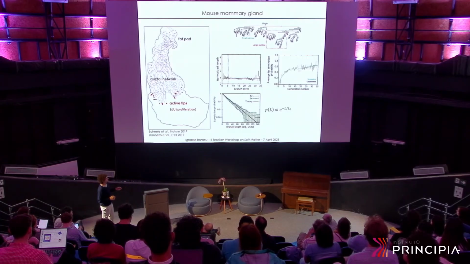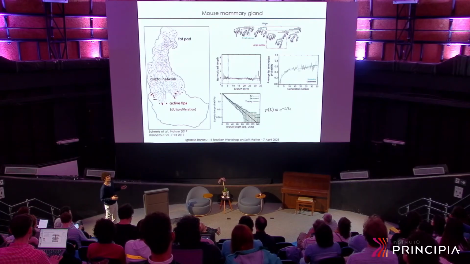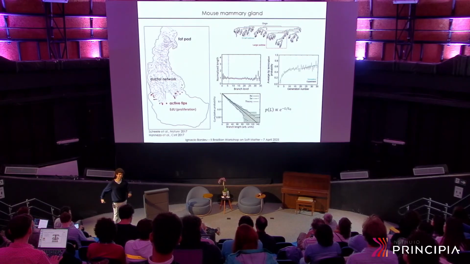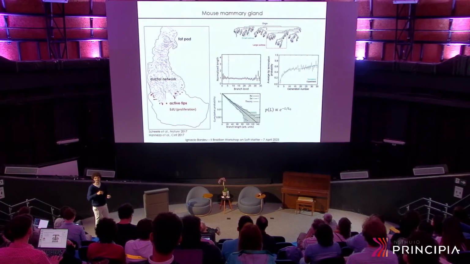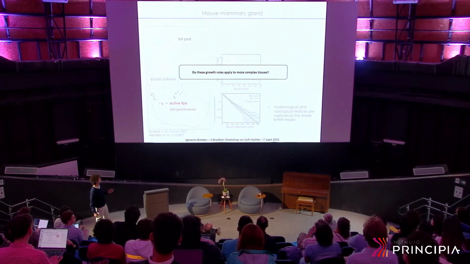And because this is a stochastic model, you immediately get an exponential distribution of duct lengths, right? Because tips propagate ballistically, and if they branch stochastically, then the lengths are exponentially distributed. So overall, this model works, and that gives us a bit of hope to be able to explain more complex tissues, and that's what I want to ask now.